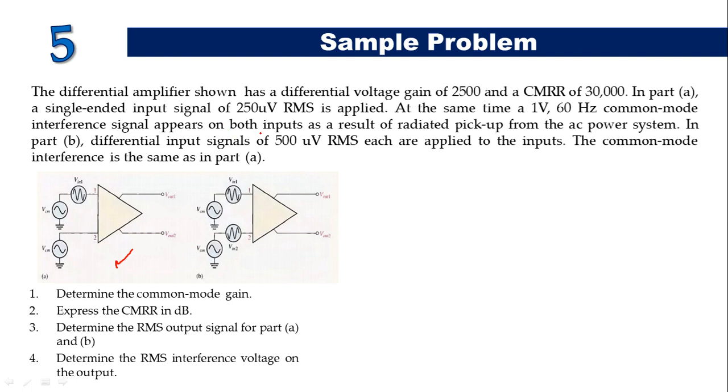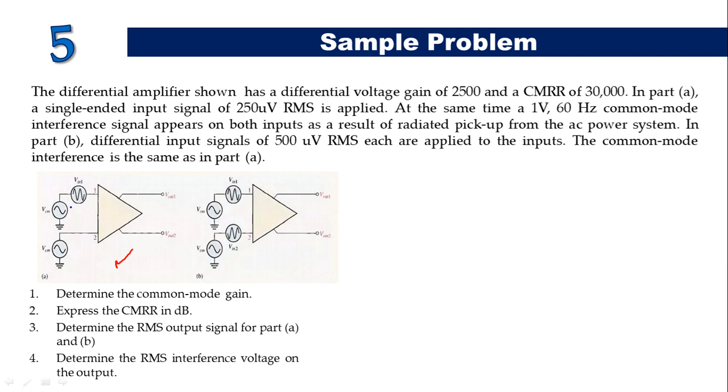At the same time, a 1 volt 60 hertz common mode interference signal appears on both inputs as a result of radiated pickup from the AC power system. While in part B, a differential input signals of 500 microvolts RMS each applied to the inputs. Okay? The common mode interference is same in part A.